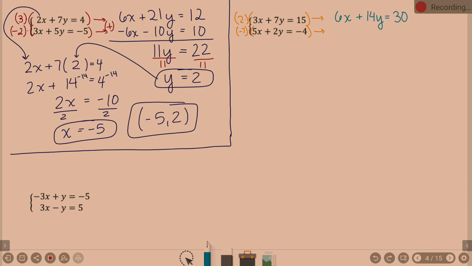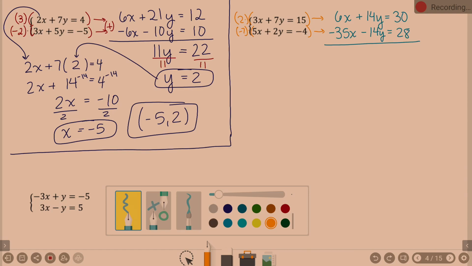Bottom equation, when multiplied by negative 7, negative 35x minus 14y equals positive 28. Is anyone going along with me for the ride? Some of you are. Okay. My 14y's. I have a positive and negative 14y, opposite sign. So I am ready to add my two equations together.